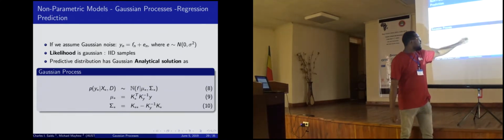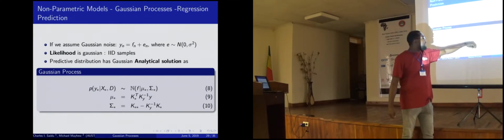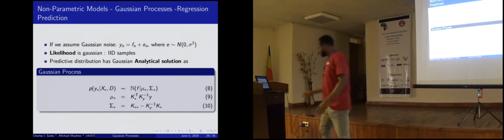So if you look at it, this is the covariance matrix between the training set and the test set, and this is just the covariance matrix plus some noise, and these are the values of those y's.